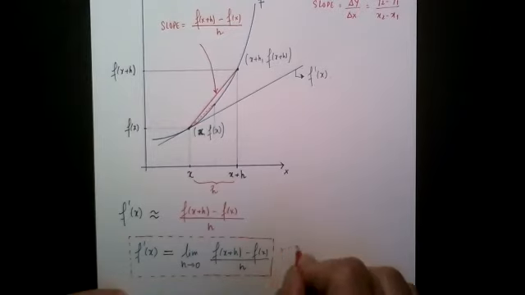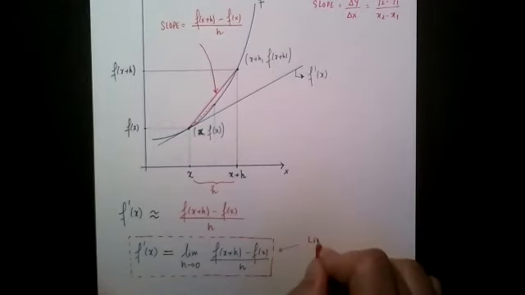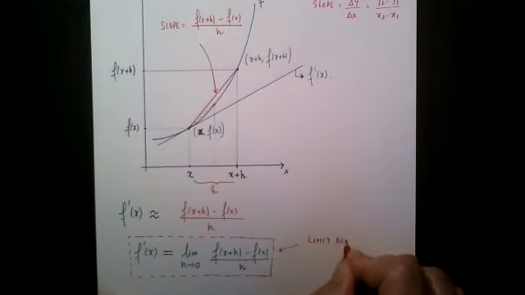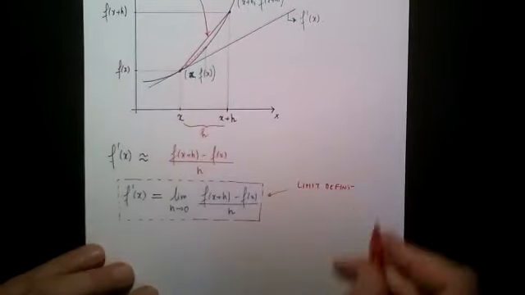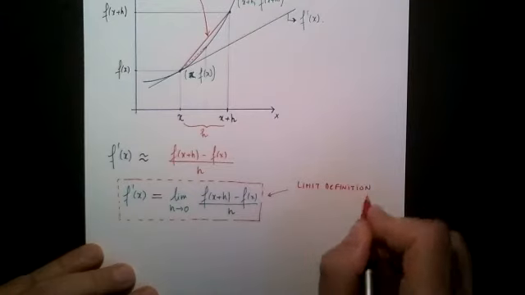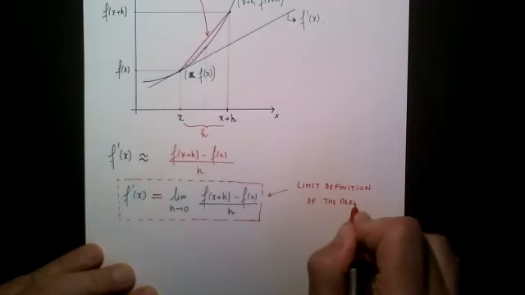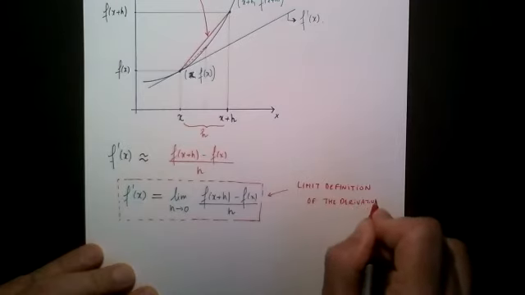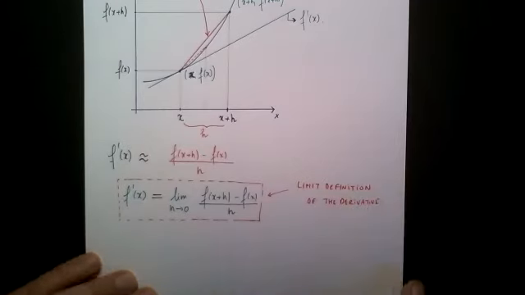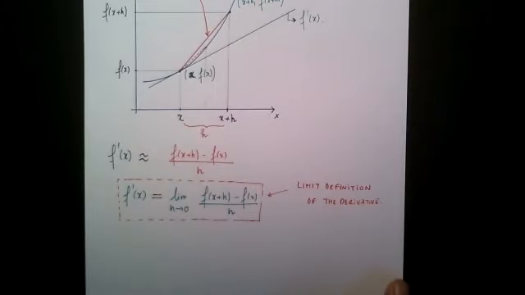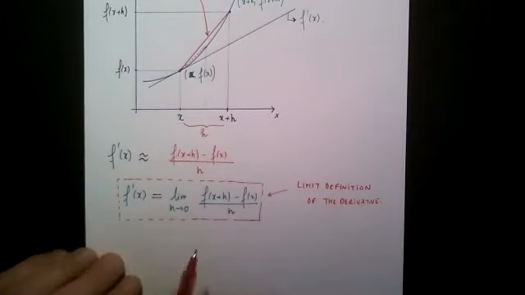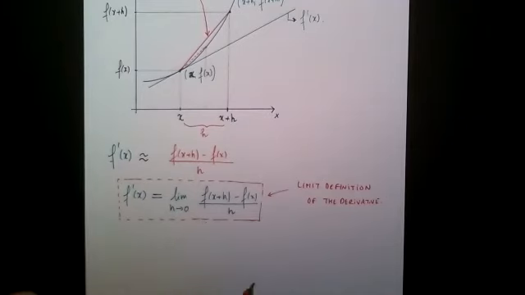This is called the limit definition of the derivative. Sir, we can't see. Oh, sorry. So this you have to understand. It's very, very important. We're going to see this a lot, and you're going to know about it in a few minutes. You'll see.